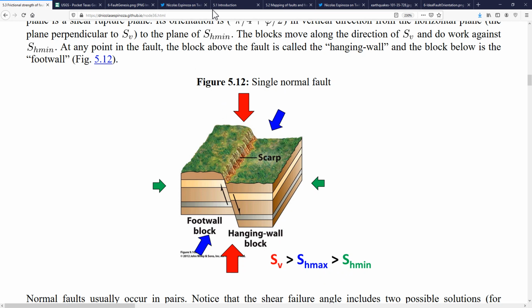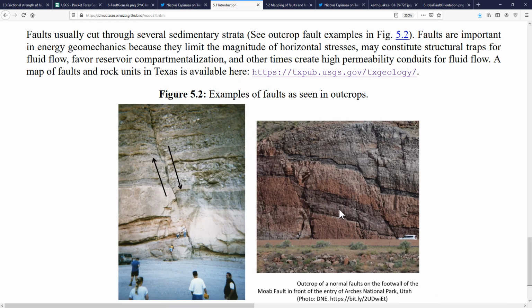Examples of these type of faults are here. For example, these two are normal faults. Notice that always the hanging wall is moving down with respect to the foot wall, and these are called normal faults also because it makes a lot of sense that rocks will move down because of the action of gravity, right? Gravity will bring everything down.